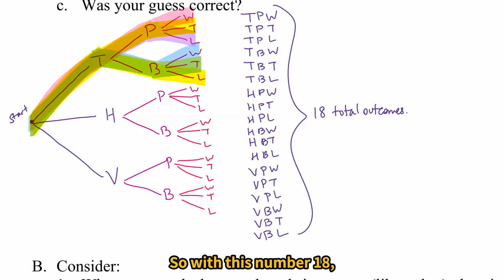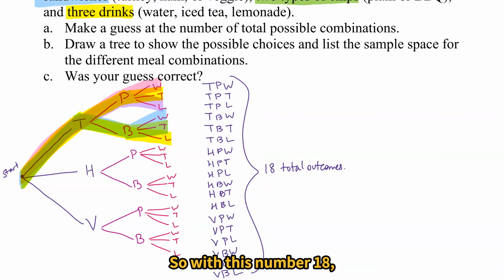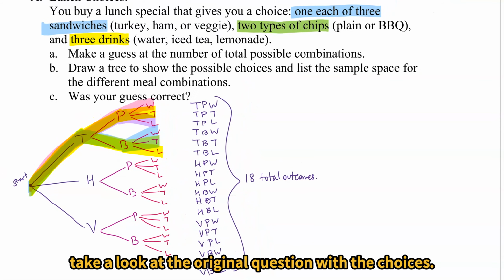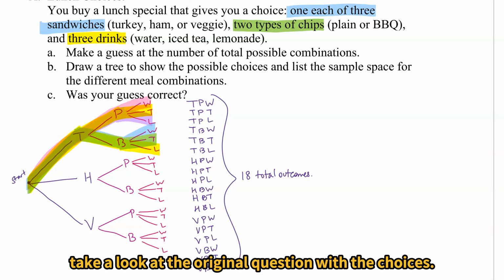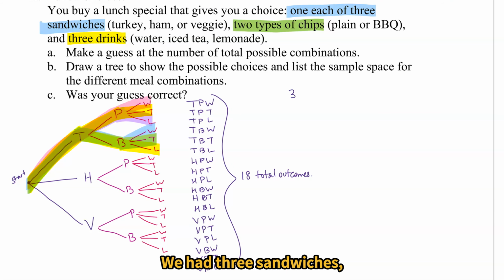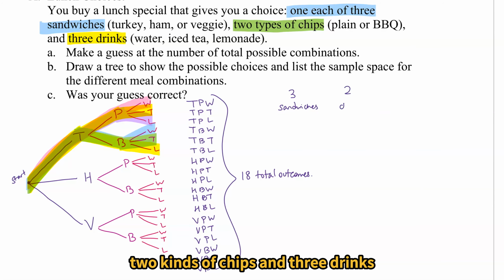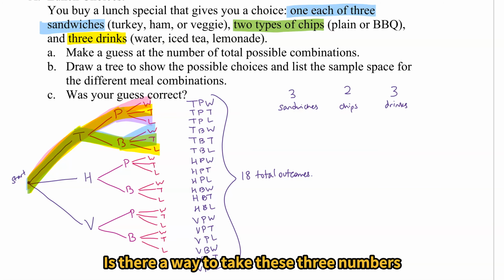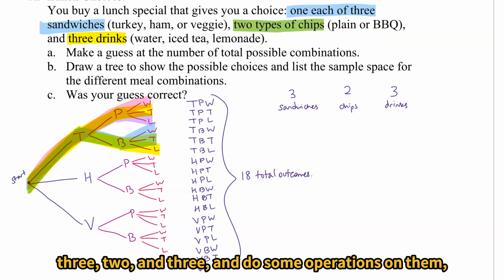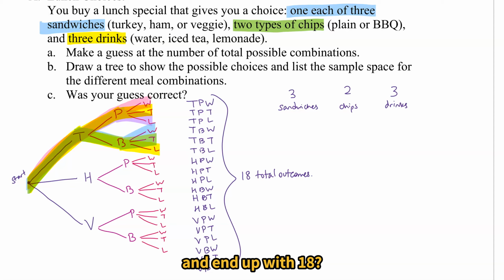So with this number 18, take a look at the original question with the choices. We had 3 sandwiches, 2 kinds of chips, and 3 drinks. Is there a way to take these 3 numbers, 3, 2, and 3, and do some operations on them and end up with 18?